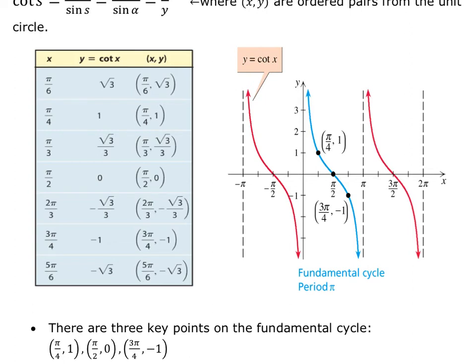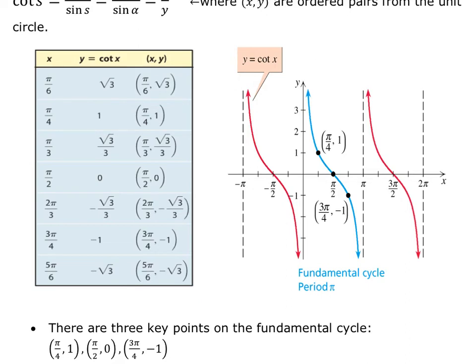So my vertical asymptotes on these are at multiples of pi. So pi, 2 pi, 3 pi, 5 pi, negative 1,000 pi, positive 50 pi. So wherever sine is 0 is where I'm going to have vertical asymptotes, because cotangent is defined as cosine over sine.